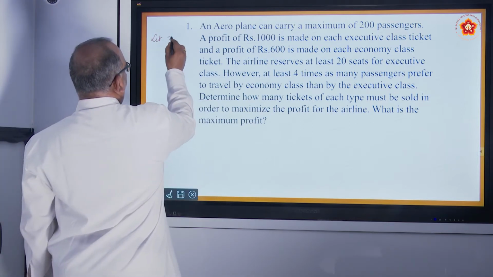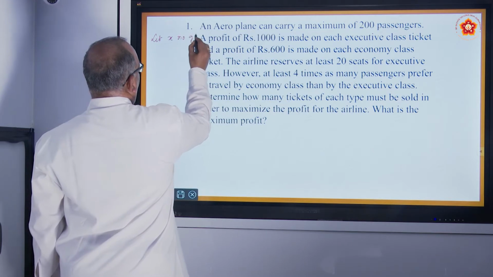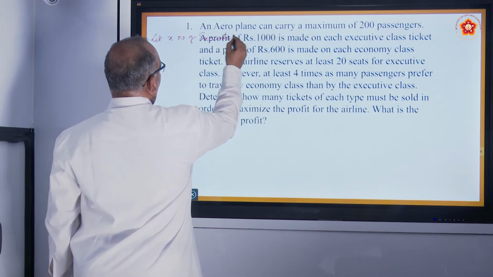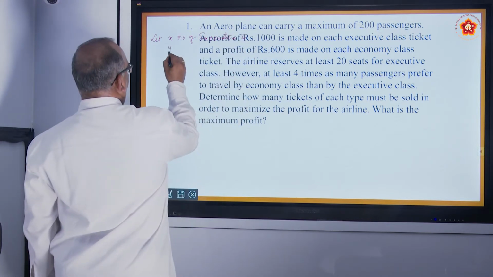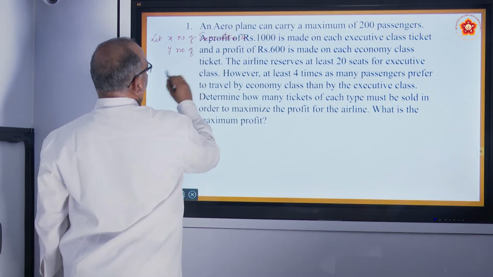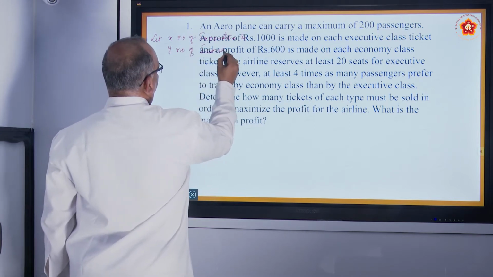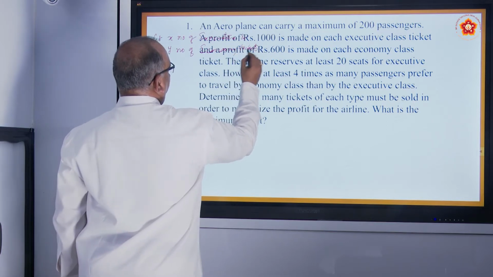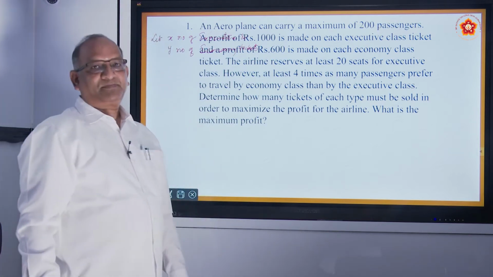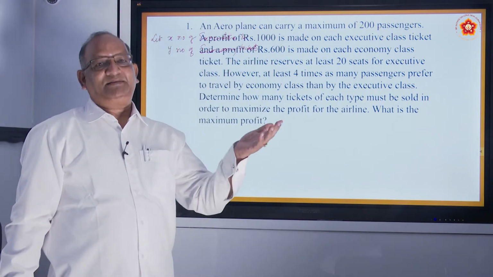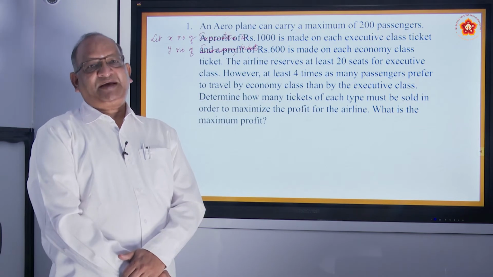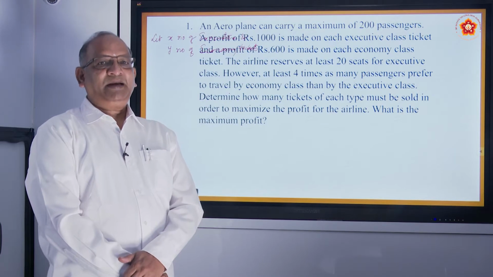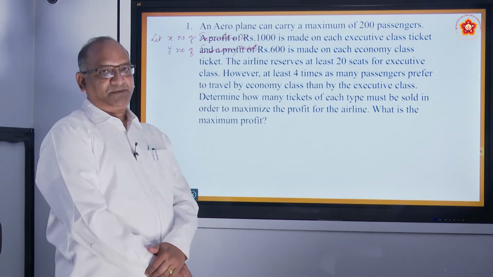Let X number of executive type and Y number of economy tickets be sold. We are assuming that X number of executive type tickets and Y number of economy type tickets are to be sold.